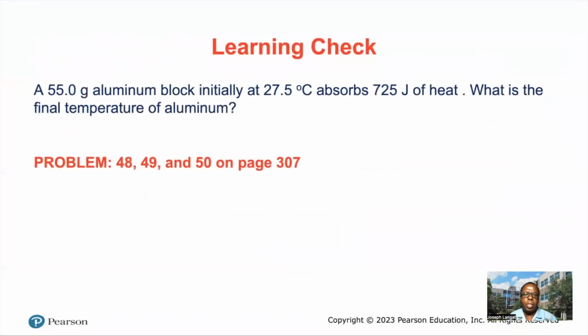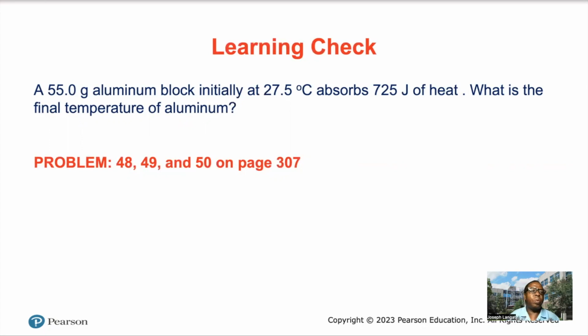Let's see an example on quantifying heat. A 55.0 gram aluminum block initially at 27.5 degrees Celsius absorbs 725 joules of heat. What is the final temperature of the aluminum? Of course, there's some missing information here, which you cannot know unless you have memorized it.